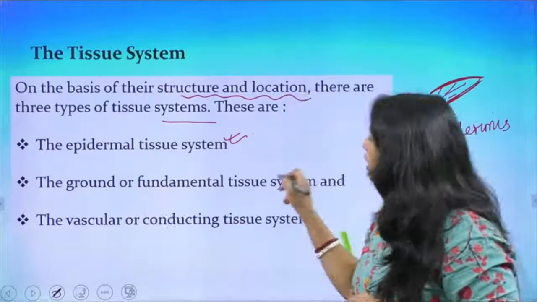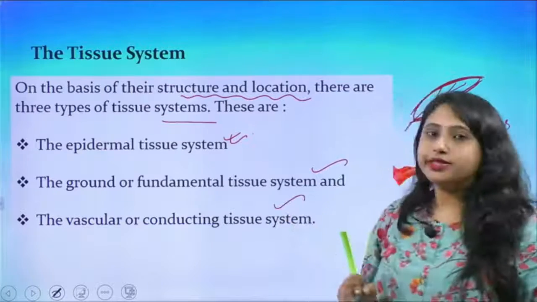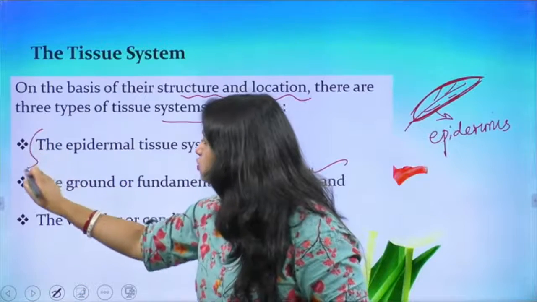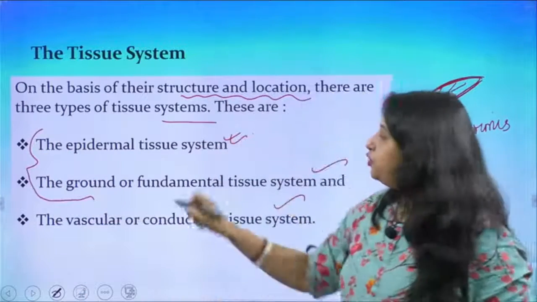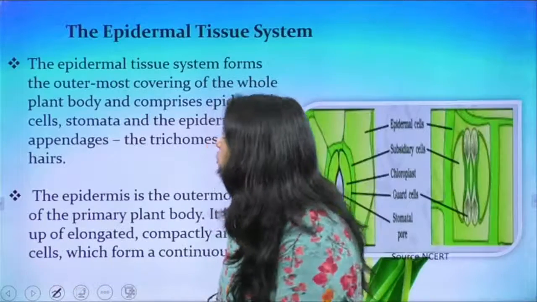Next is the ground or fundamental tissue system, and the third is the vascular tissue system. Today we will cover the epidermal tissue system and the ground tissue system.